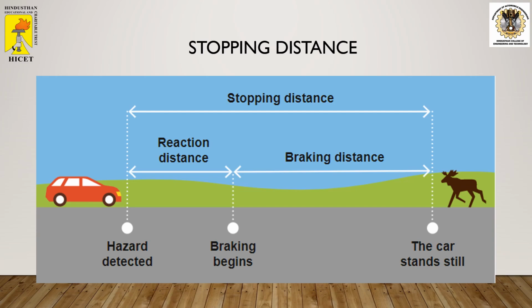This distance is known as reaction distance, that is, from when the driver has seen the obstacle to how long his brain takes to process and apply the brakes. Followed by that, after application of the brakes, the vehicle takes a little longer to stop from the brake applied condition. This distance is known as braking distance.